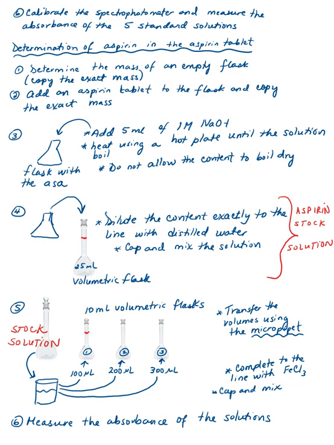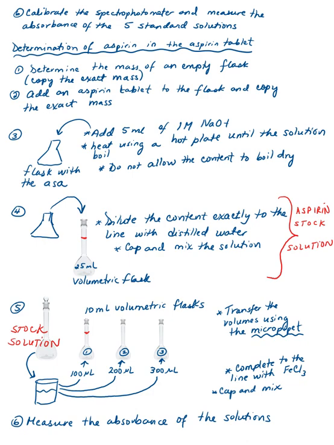Now the next part, it's almost the same as the one that you already did. You're doing your standard solutions to prepare a graph. Now from that graph, you're going to determine the concentration of your solutions that you're preparing using the aspirin tablet.